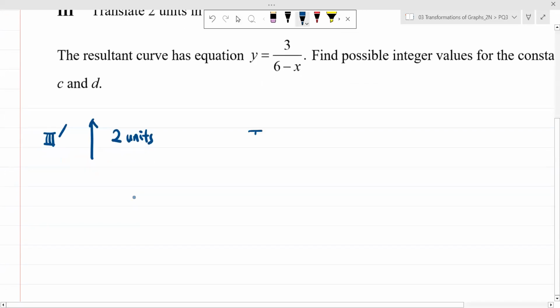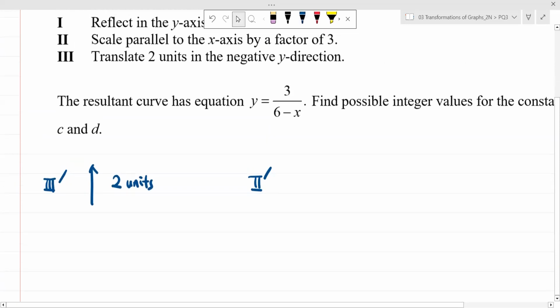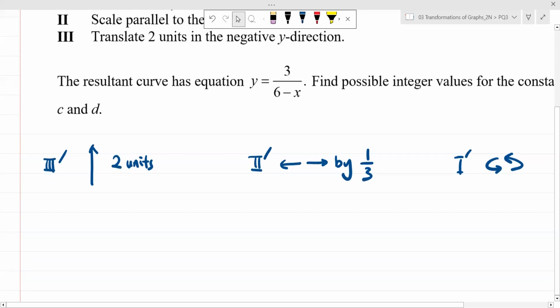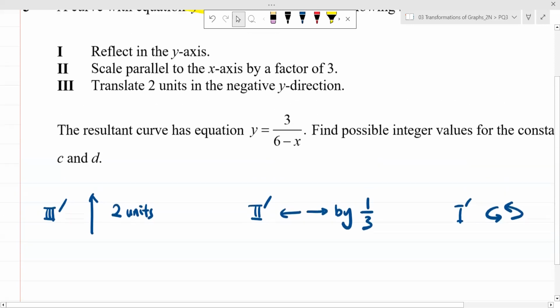So number 2, prime just means reverse. Scale parallel to the x-axis by a factor of 3. And then last one, reflect in y-axis. Now we have to identify the replacements.